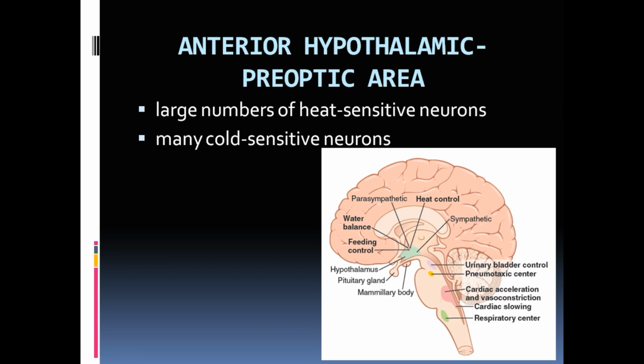From there, the descending neurons come and go to the spinal cord, and those neurons are supplied to the spinal cord origin of the autonomic nervous system. Let us say the sympathetic nervous system, which originates from the thoracolumbar segments.